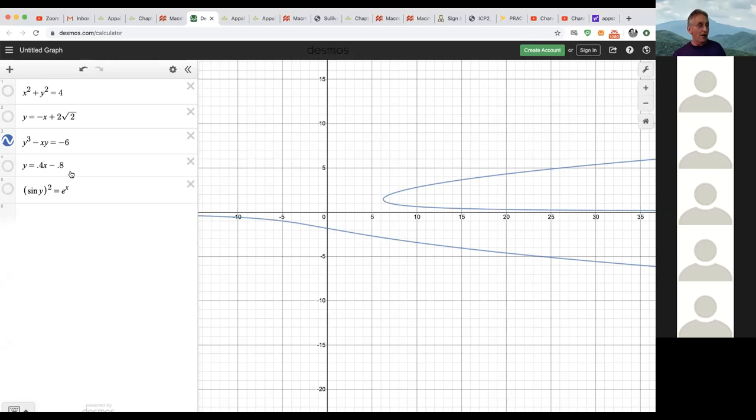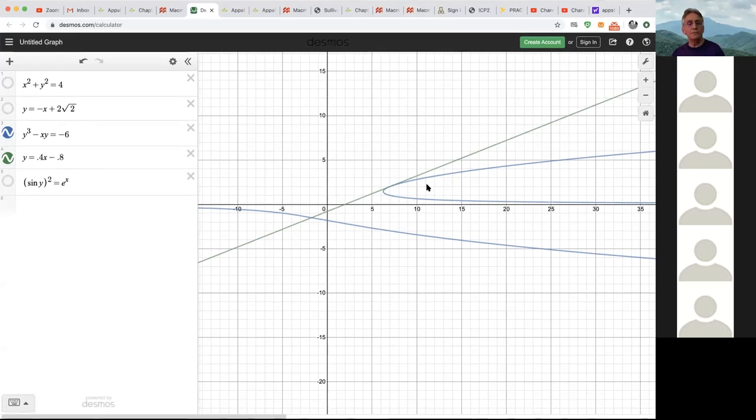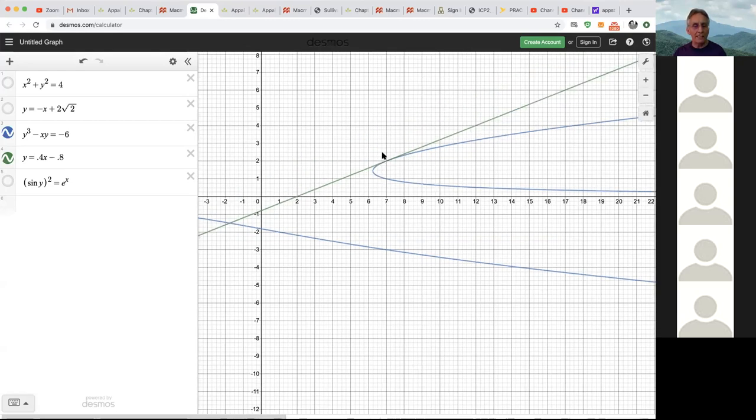And if you draw that line, y equals 0.4x minus 0.8. Sorry, I wrote that on a paper and you weren't watching, but I get it. And you can see that the graph is tangent and it touches at the point (7, 2), right? You can zoom in and verify that it's crossing right at (7, 2).